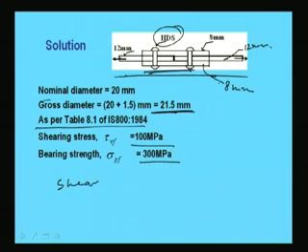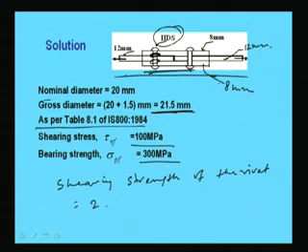Shearing strength. So, here what will happen? We will see that this is a double shear, because in two faces it is happening. So, it will come under double shear, that means 2 into tau Vf into pi by 4 into d square.